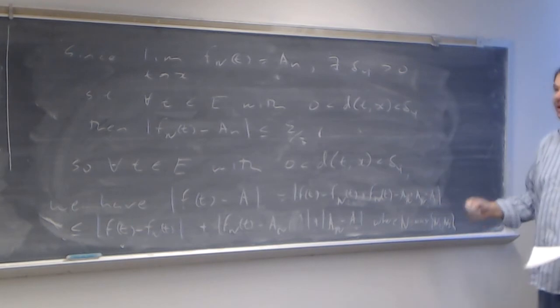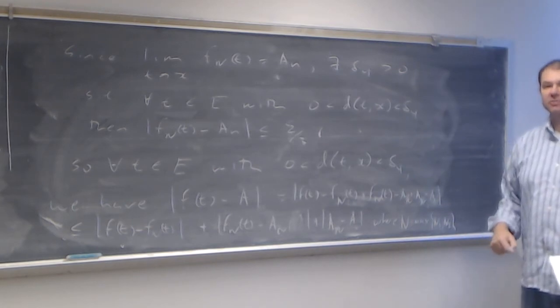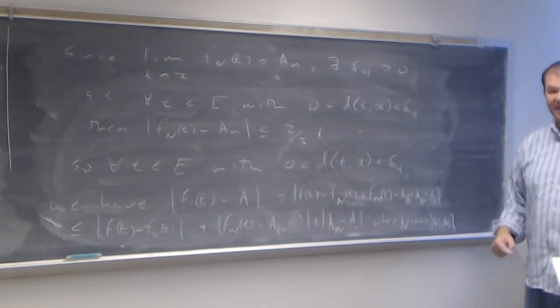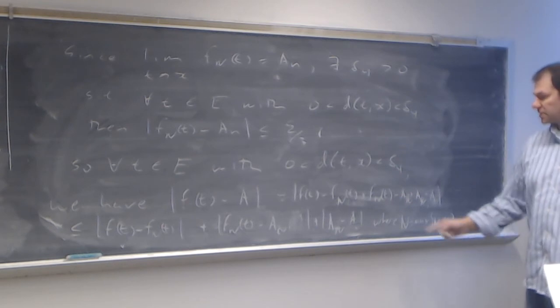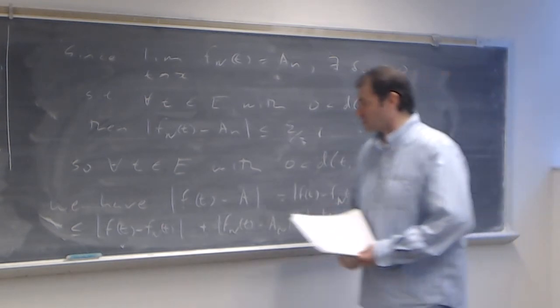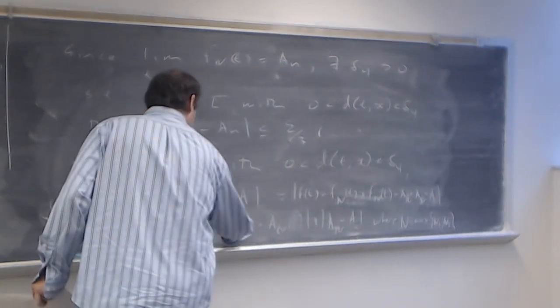Okay? So we have found a particular term, f sub big N, in our sequence, such that we're getting this inequality. We will get this for any particular f sub whatever.